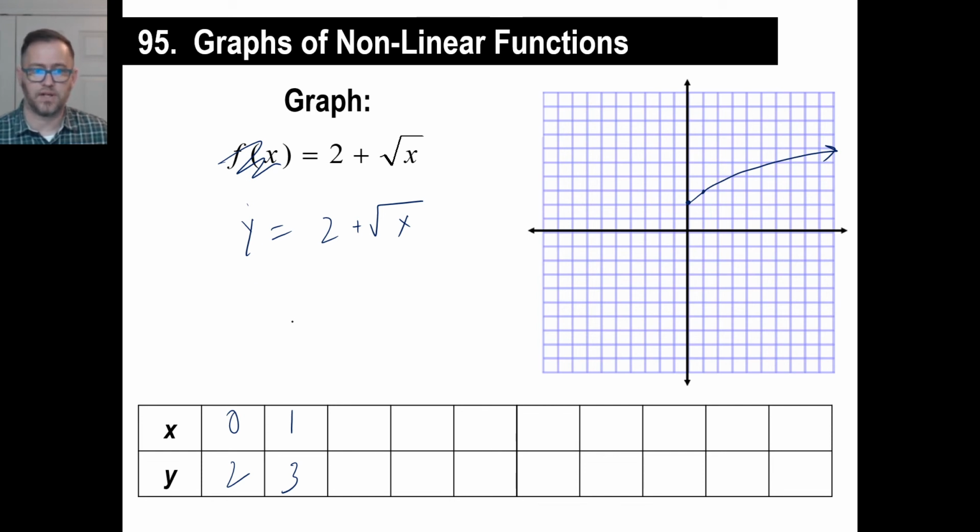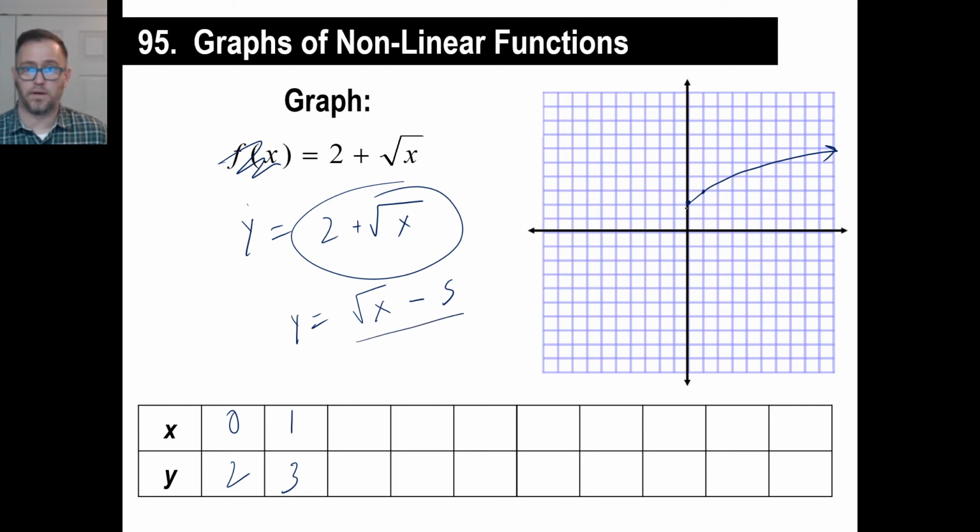Now let's say you had Y is equal to the square root of X minus 5 on the outside. Since this looks like this with an up 2, this would look like the same thing except down 5. 1, 2, 3, 4, 5, and then it just looks like that, same thing.